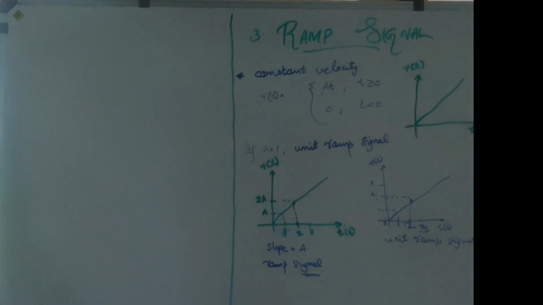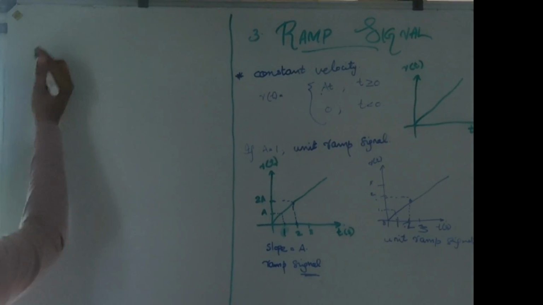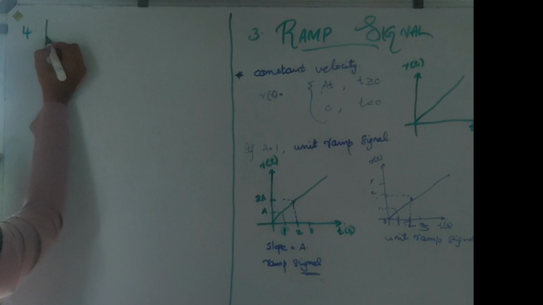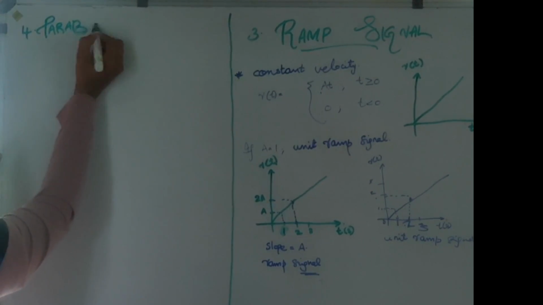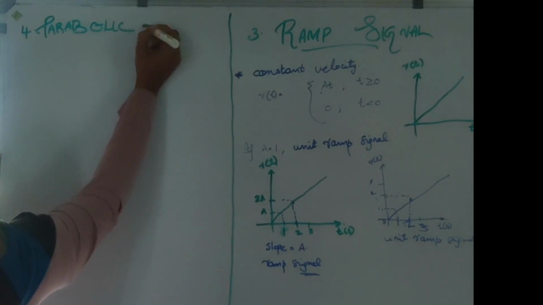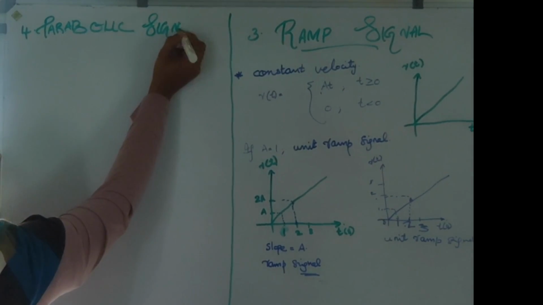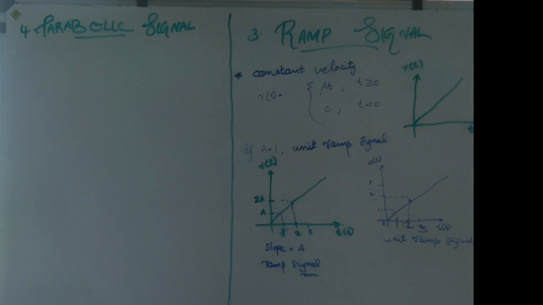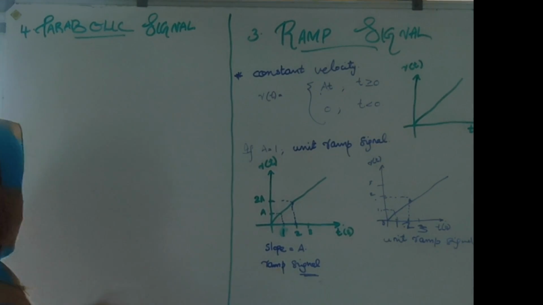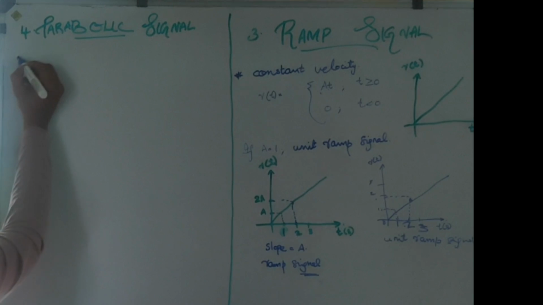Now the fourth signal is the parabolic signal. The parabolic signal imitates a constant acceleration, and here it is constant acceleration, whereas for the ramp it was constant velocity.